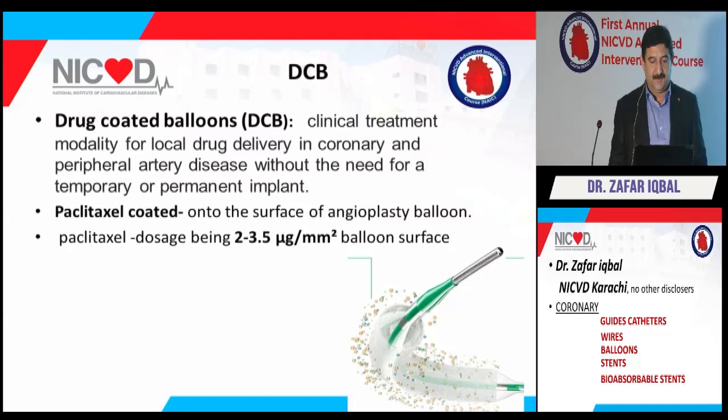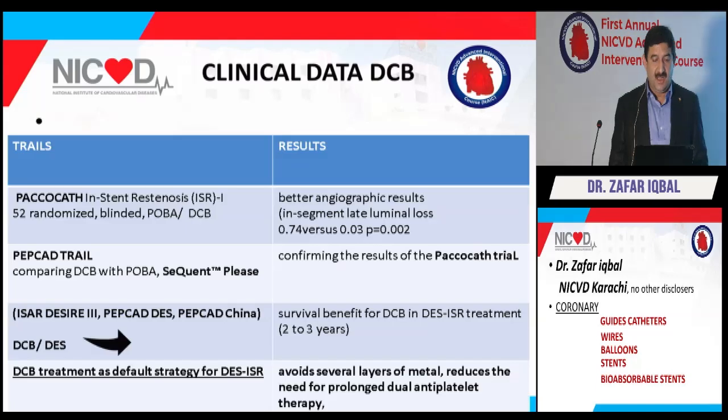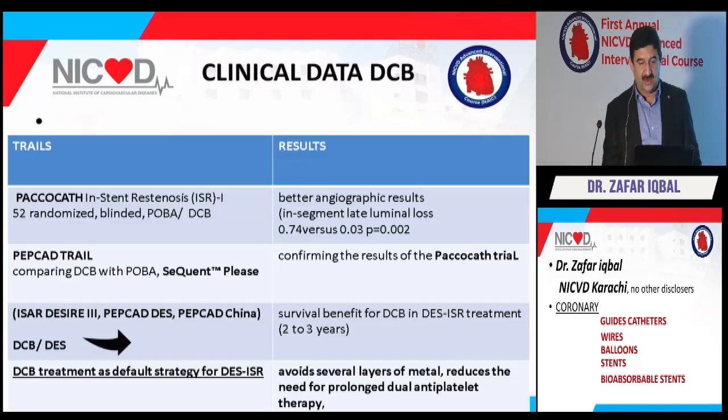The drug used is paclitaxel, which is coated on these balloons. The clinical data start from the PACOT trial, done in 52 patients. The comparison was conventional POBA versus the drug-coated balloon, and it showed better angiographic results; late segment stenosis was less with drug-coated balloons.